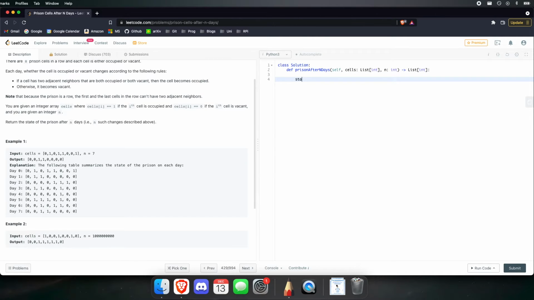So we're going to want 2 hash maps to keep the lookup efficient. So we have states to day, and day to states. And then we also want a day variable to keep track of what day we're on. Now let's iterate over n days.